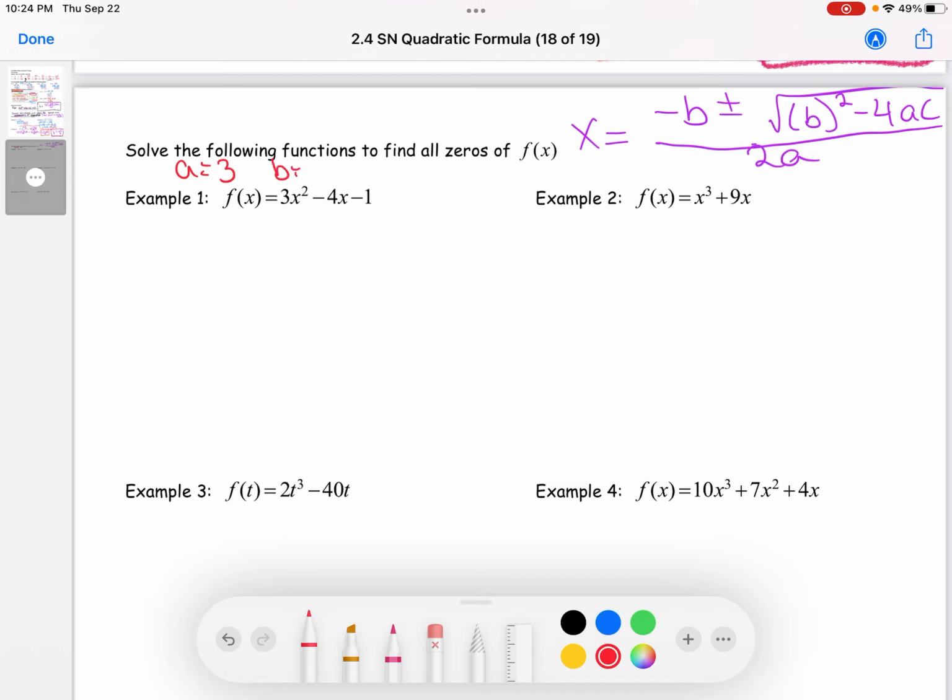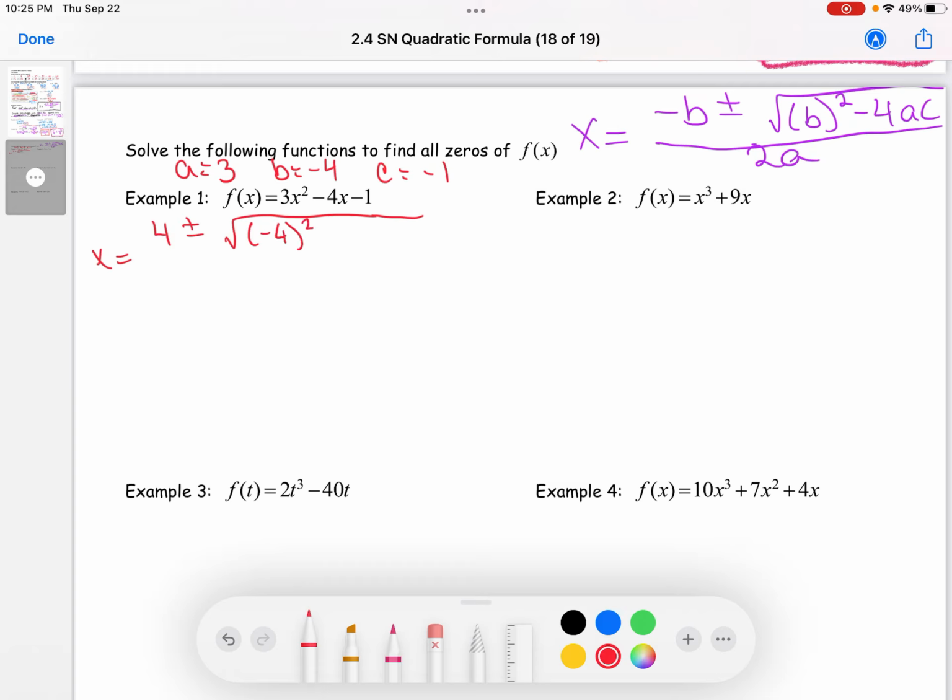Okay, so on example 1, a is 3, the coefficient of x squared. b is negative 4, the coefficient of x. c is negative 1, the constant. So, as we plug into the formula, it starts with the negative of b. Our b is already negative, so negative of negative is positive 4, plus or minus the square root of b squared.